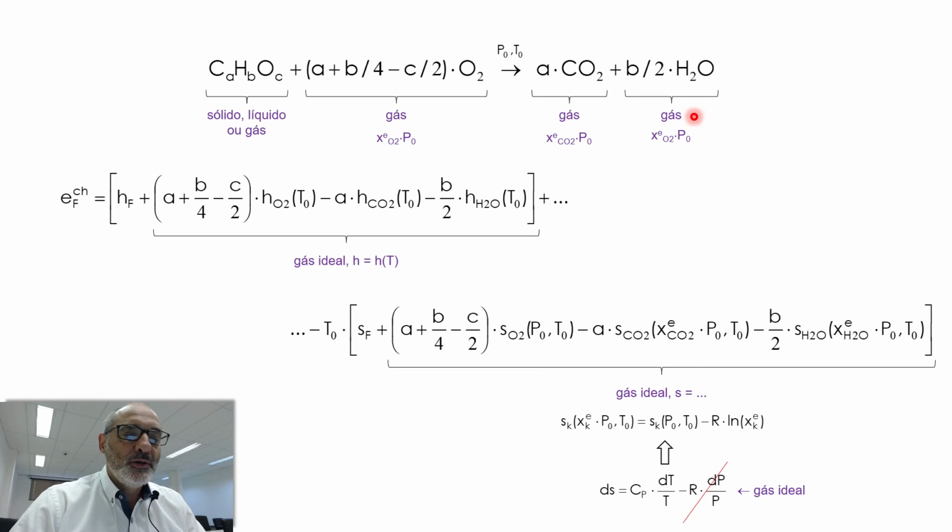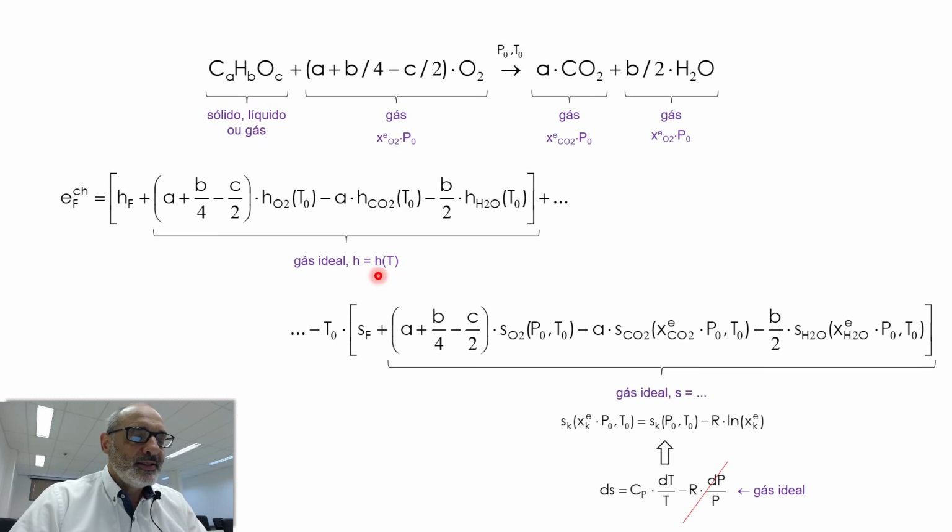H2O is a gas, also CO2, also O2, but our fuel, I don't know, it may be paraffin, for instance, it may be solid, liquid, or gas. Let's make our calculations considering everything ideal gases.